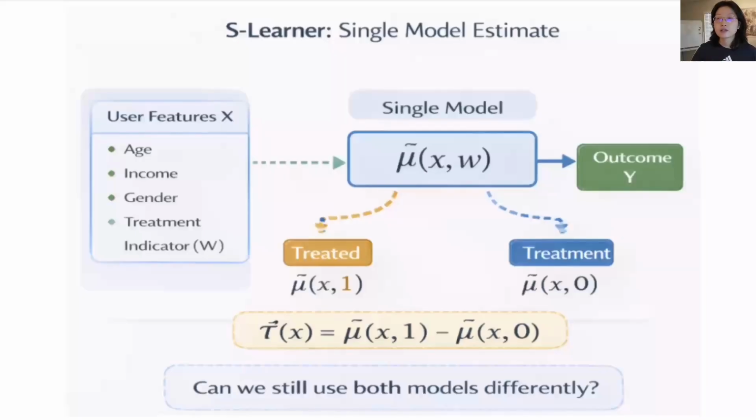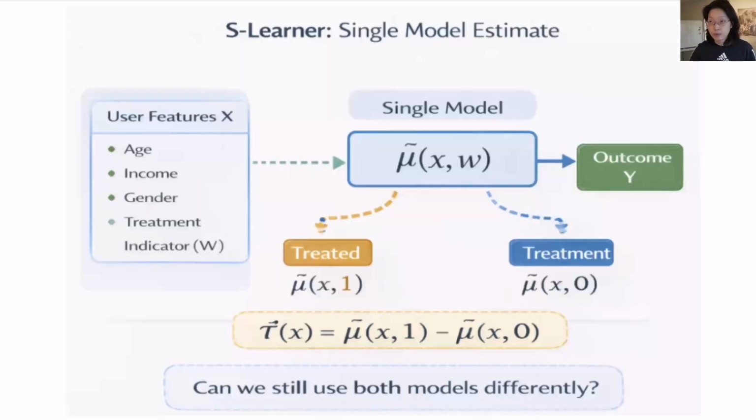We will start from the most straightforward meta-learner called S-learner, single model estimate. It is called single model because it takes both the user features and the treatment indicator W as features. So it takes these input features and predicts the expected outcome, for example, user purchase or not. And then it measures the uplift effect by doing the inference two times.